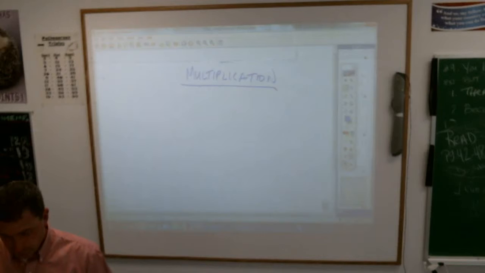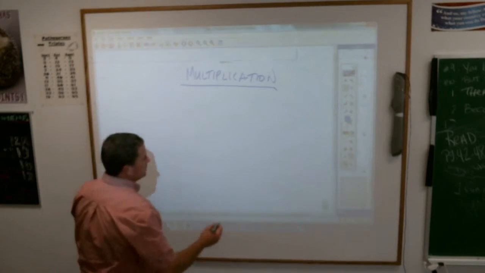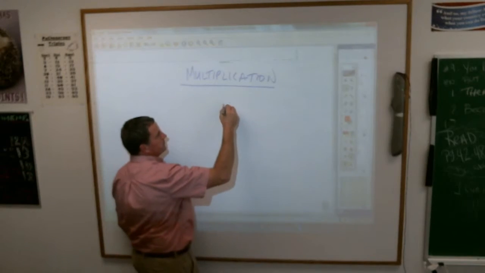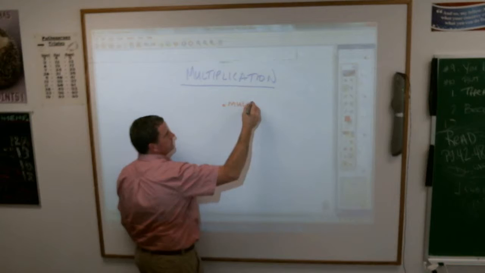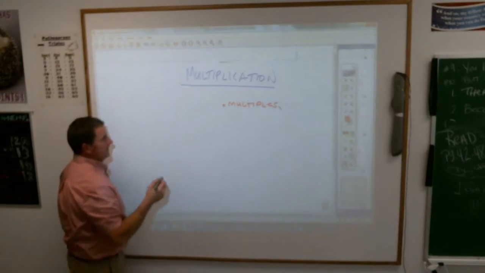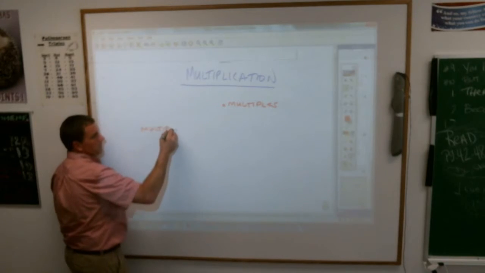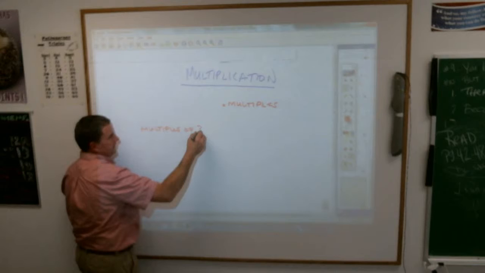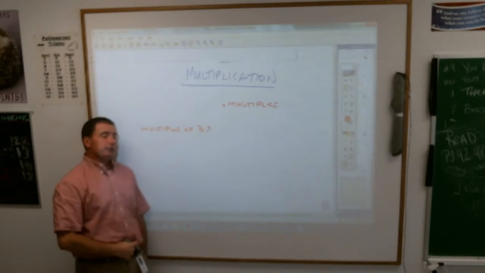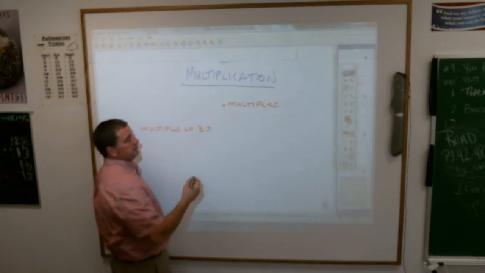Multiplication. Multiplication is basically what you get when you think about multiples. For example, if I ask you to give me the multiples of 3, multiples of 3 are the same thing as if I'd ask you to count by 3.